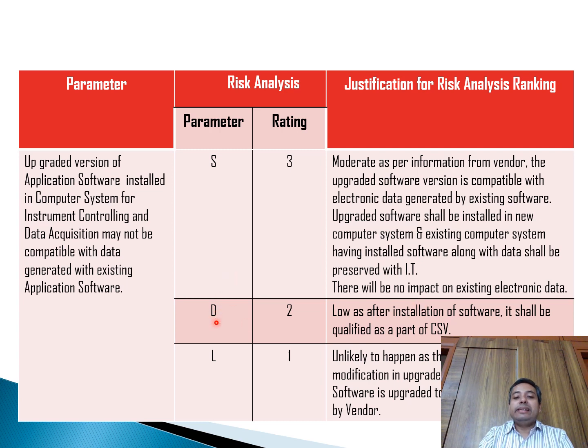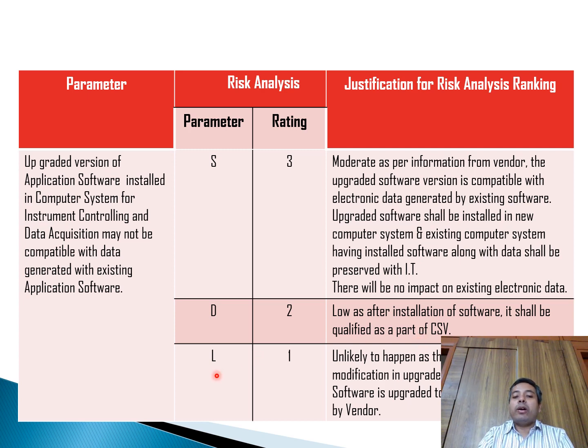The detectability parameter was given a score of 2, and as per the criteria of detectability ranking which I have told earlier, a scoring of 2 is classified as low, as after installation the software shall be qualified as a part of CSV.